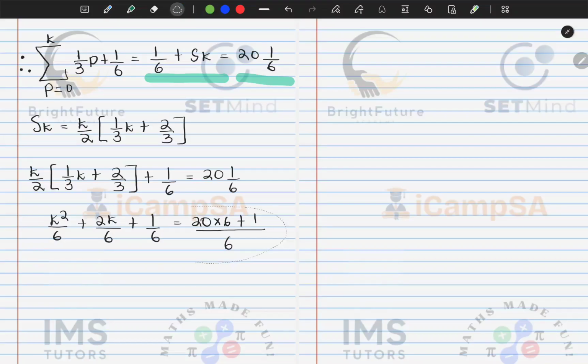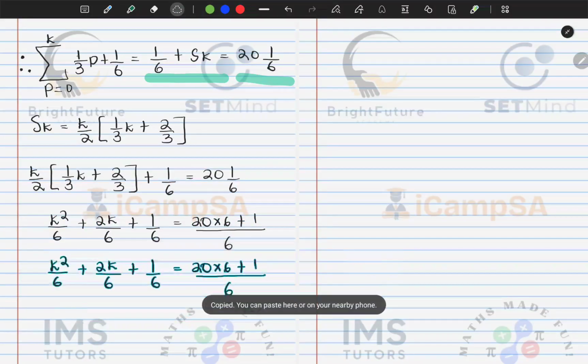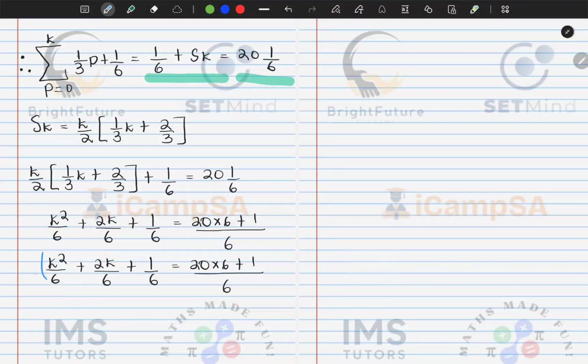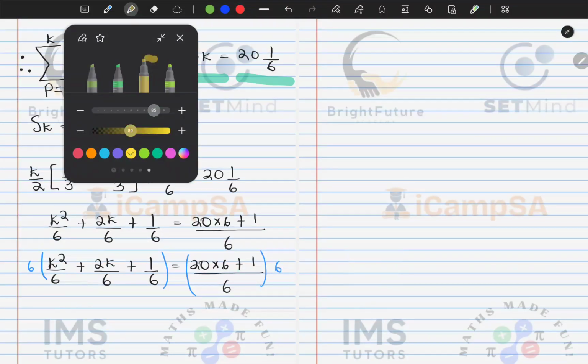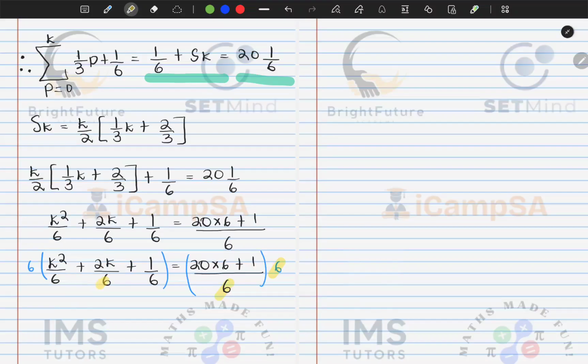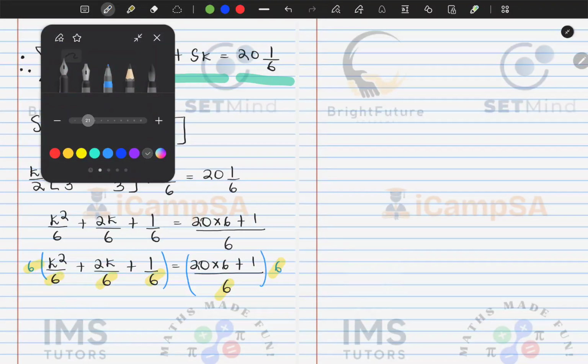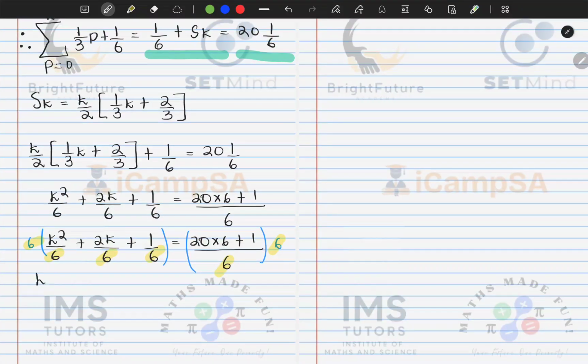In order for us to eliminate that denominator of 6, we can just multiply by 6 on both sides. So I'm going to introduce a 6 on the left, but also introduce a 6 on the right hand side. So this 6 is going to cancel nicely with all of the other 6, such that what is left is just k squared plus 2k plus 1.